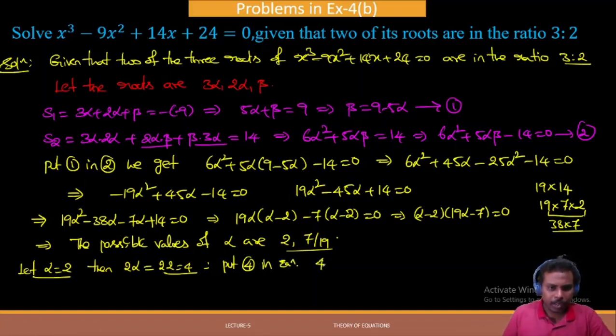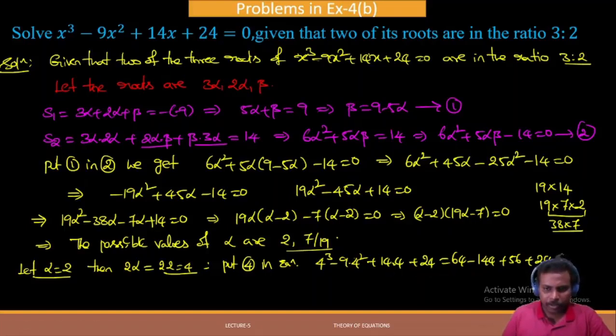Then I get 4 cube minus 9 into 4 square plus 14 into 4 plus 24. So this is equal to 64 minus 9 into 16 is 144, plus 14 into 4, that is 56, plus 24. So 56 plus 24 is 80, and 80 plus 64 is 144.